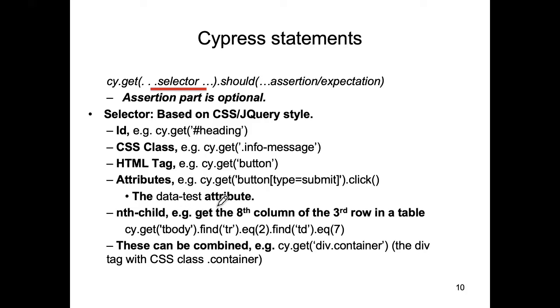Supposing I've got a web page that is displaying a table, and I want Cypress to get the 8th column and the 3rd row within that 8th column. So I'm picking out a particular cell within my table. Maybe I want the test to make an assertion about the contents of the cell, or I want to type something into the cell. Either way, how would I actually express this in Cypress? I'm showing you here.